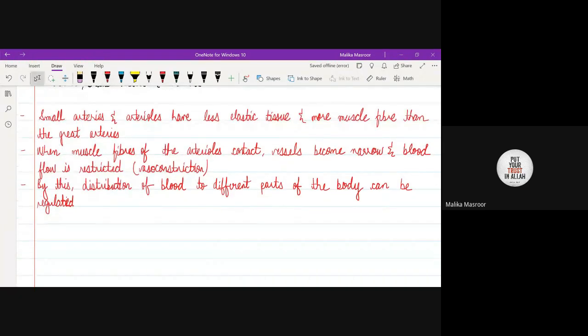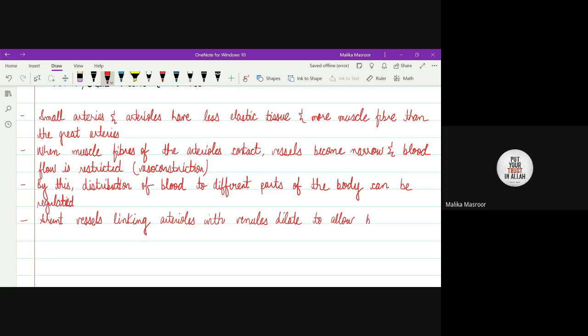Okay, so it can be regulated. Shunt vessels link the arterioles with venules. They dilate to allow the blood to bypass capillaries.